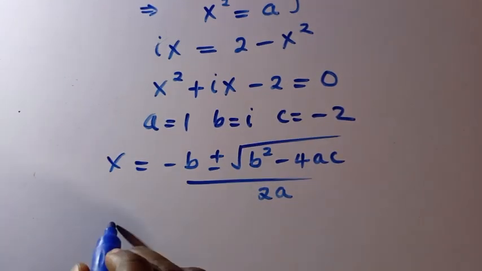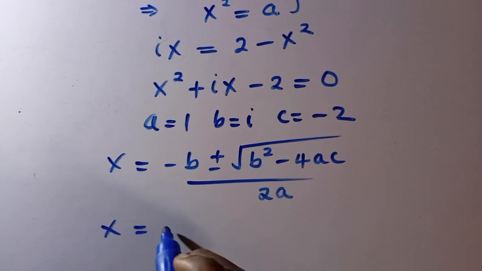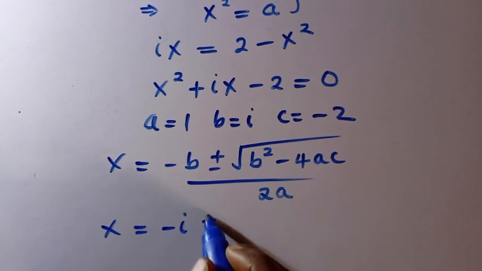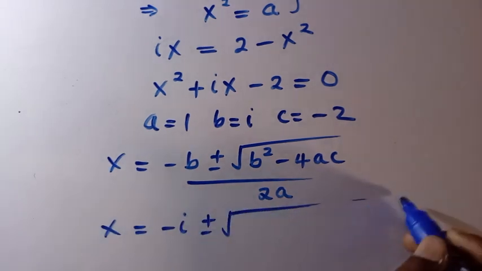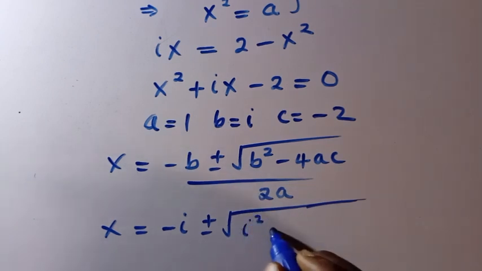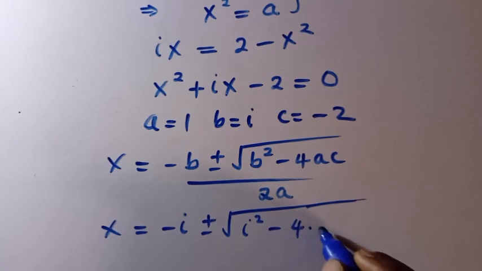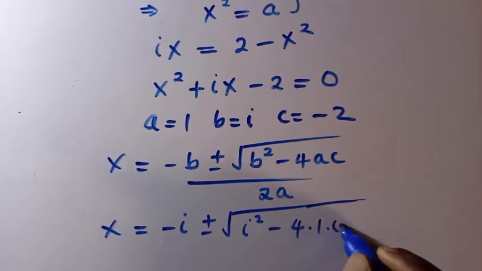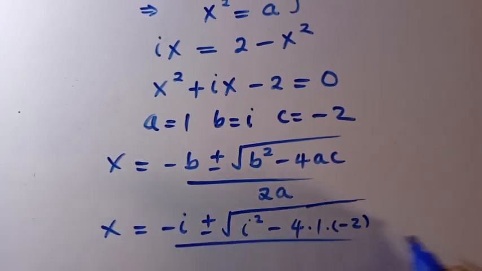So here, we replace it, and we have x equals minus i plus or minus the square root of i squared minus 4 multiplied by 1 multiplied by minus 2, divided by 2 multiplied by 1.